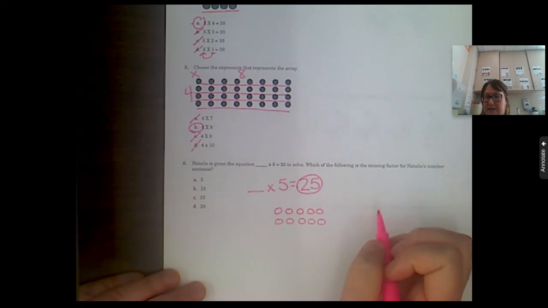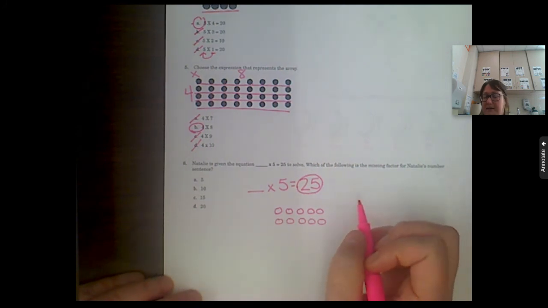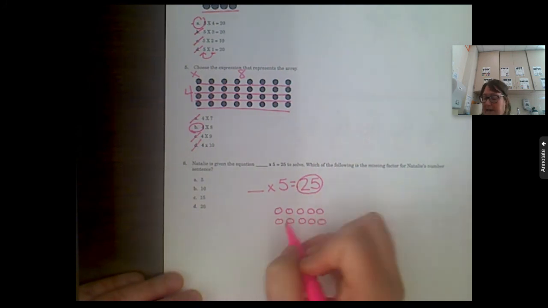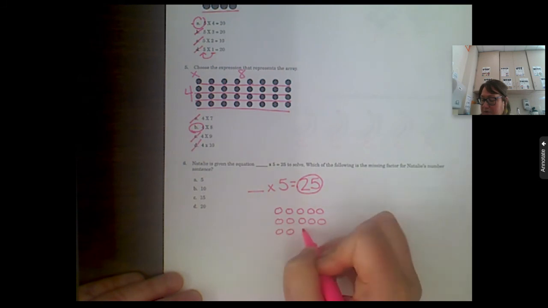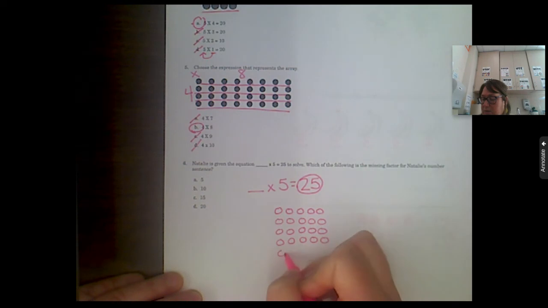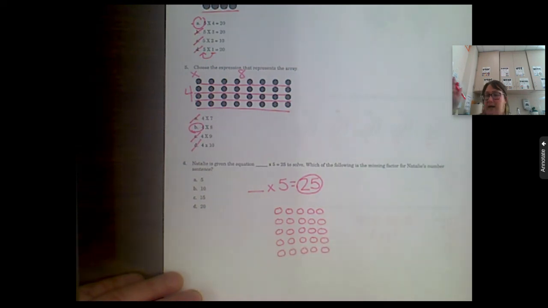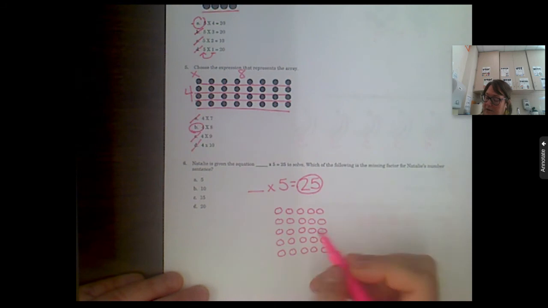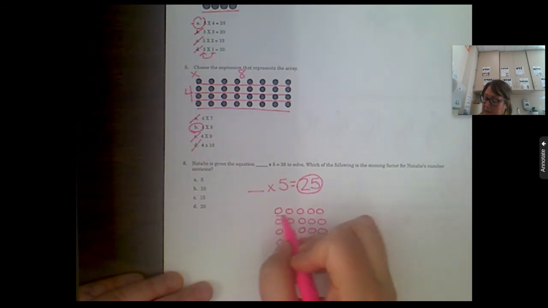Are you with me? If you need to pause it to get caught up, you can. So I have 5, 10, 11, 12, 13, 14, 15, 16, 17, 18, 19, 20, 21, 22, 23, 24, 25, and stop because I hit that 25 mark. So now I need to see how many rows I have. 1, 2, 3, 4, 5. 5 rows.